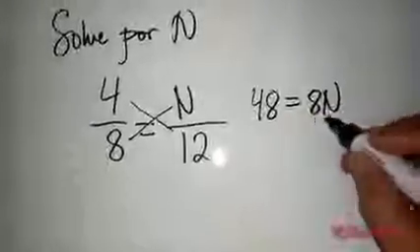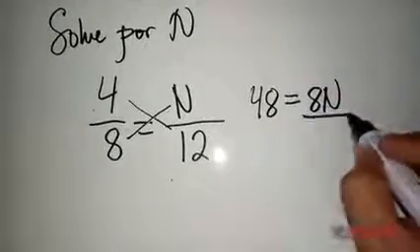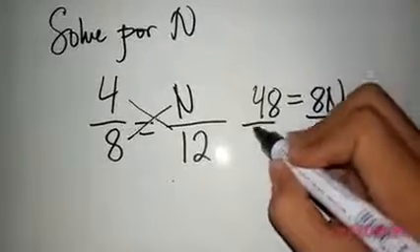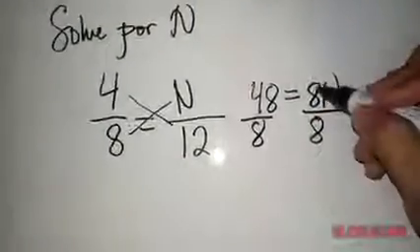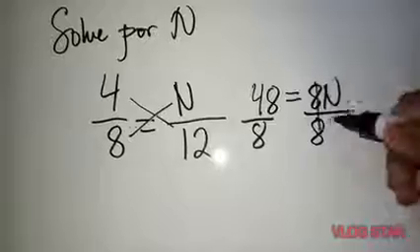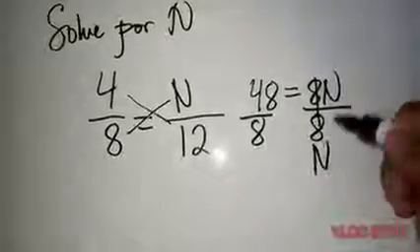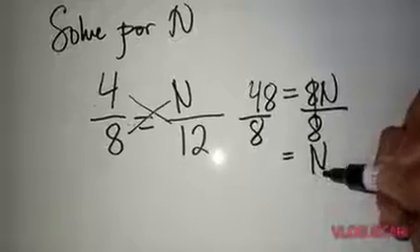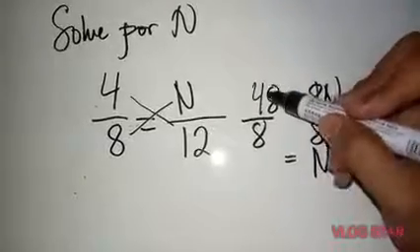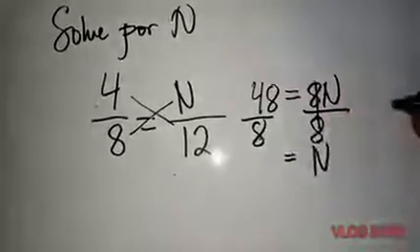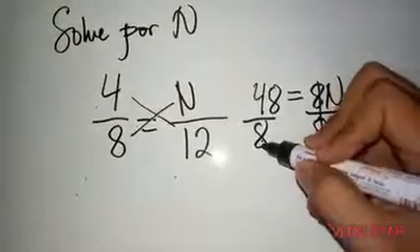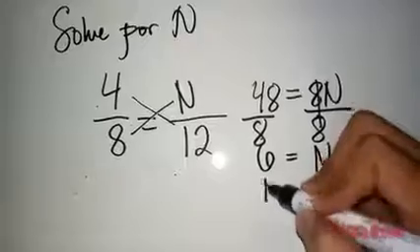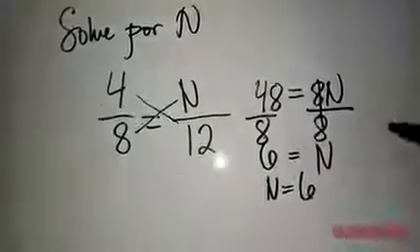In order to get the value of n, divide both sides by 8. 8 divided by 8 is 1, so what's left is n. Next, 48 divided by 8 is 6. So the value of n is equal to 6.